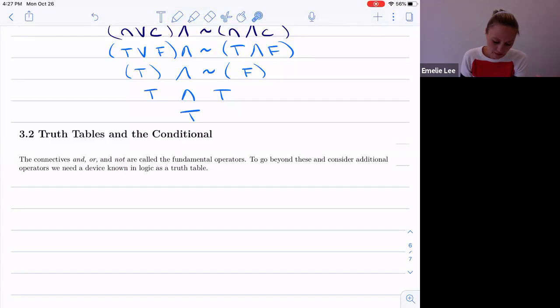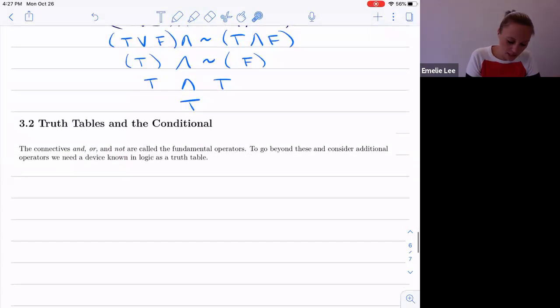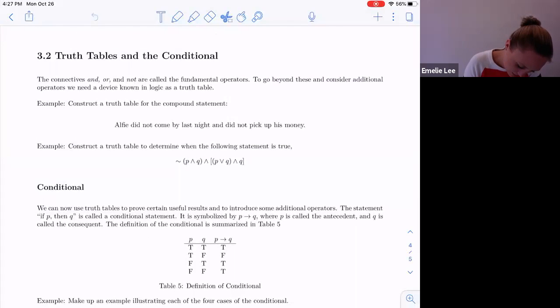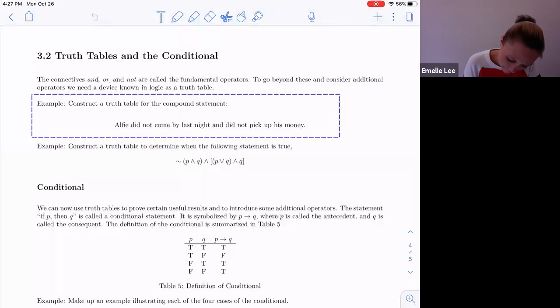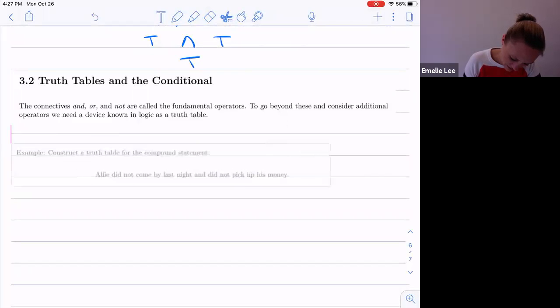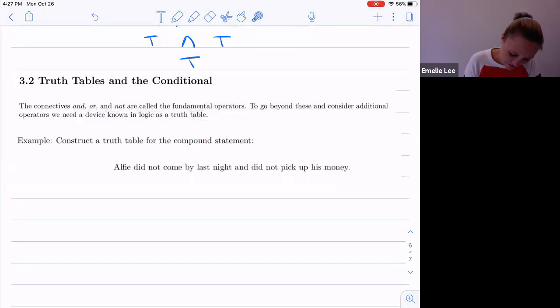So we're going to need truth tables. Oh, this example is so funny, and I'll tell you why in a little bit. This example says construct a truth table for the compound statement.